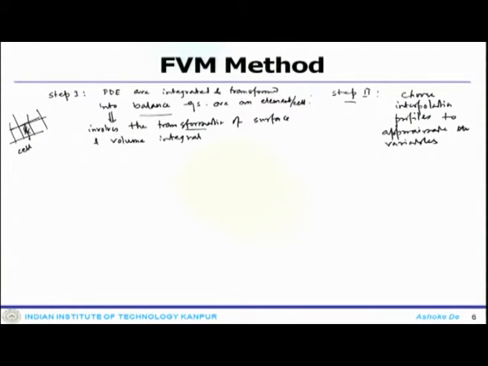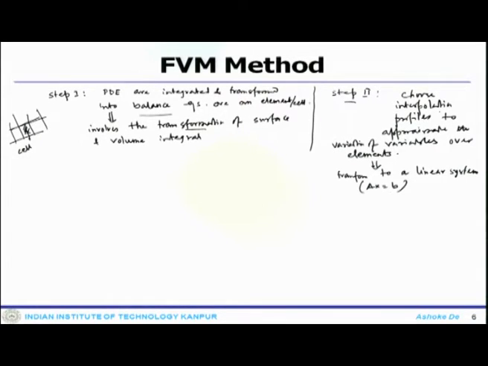While doing that, I transform both my surface and volume integrals, and in the second step some interpolation profiles are chosen to approximate the variable. You can approximate the variation of variables over elements. Okay. And this will allow you to transform to a linear system. So essentially here you get back the linear system, Ax equals b.